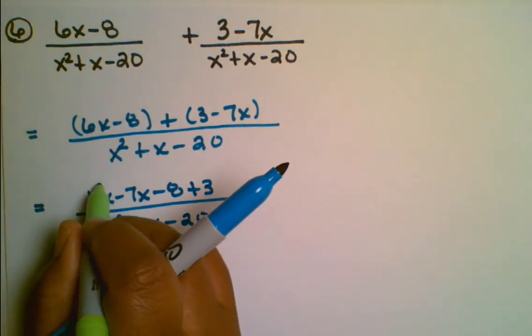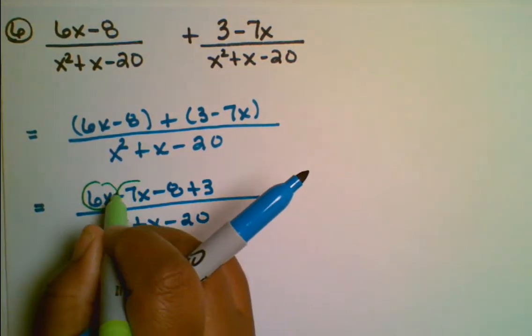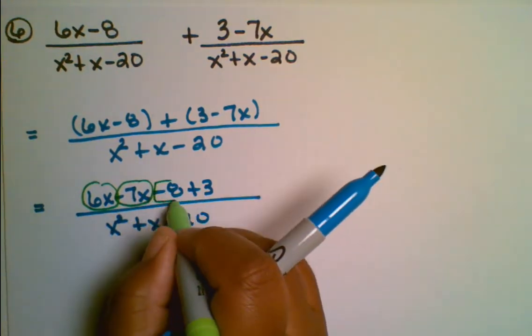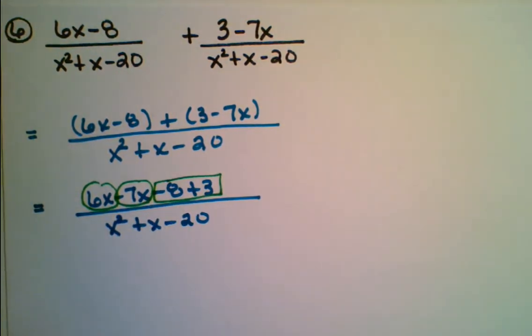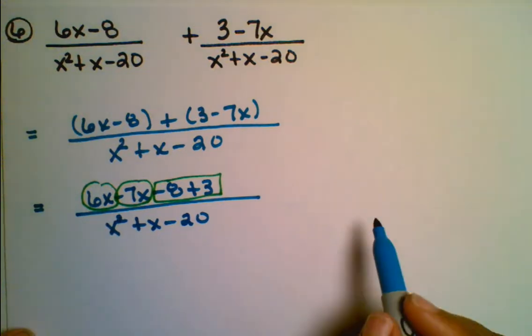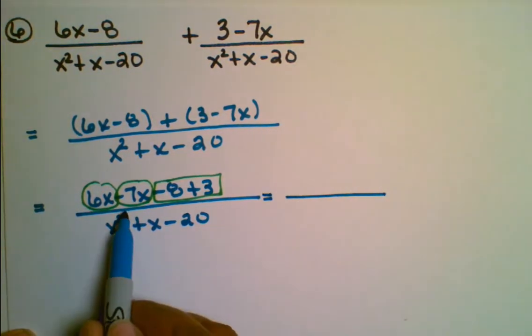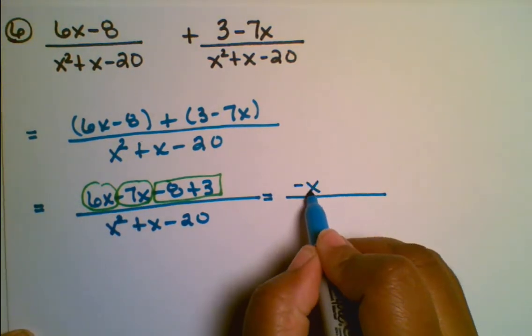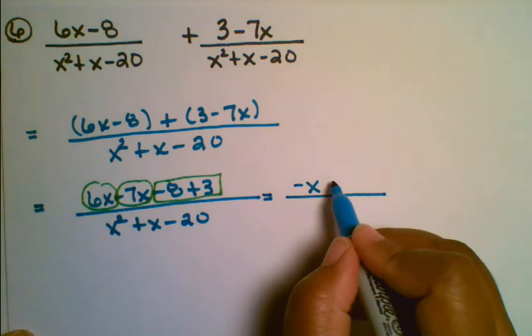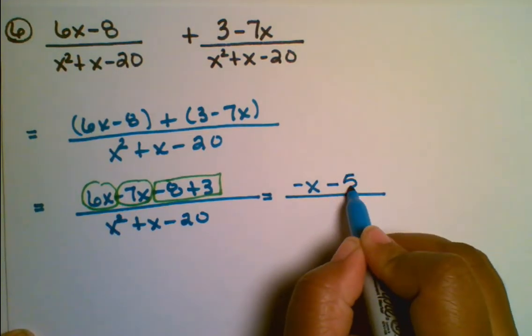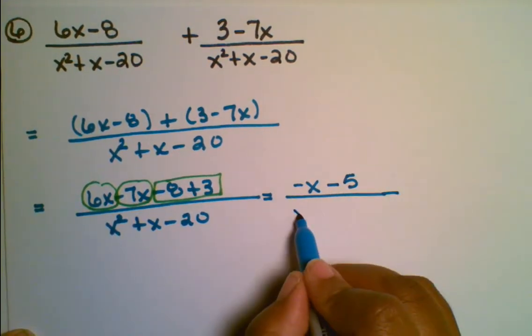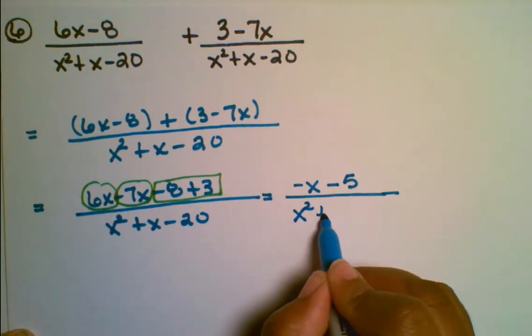So we're combining our x's and then our negative 8 and positive 3. So let's subtract 6x minus 7x, we have negative x, and then negative 8 plus 3, we have minus 5, all over our denominator.